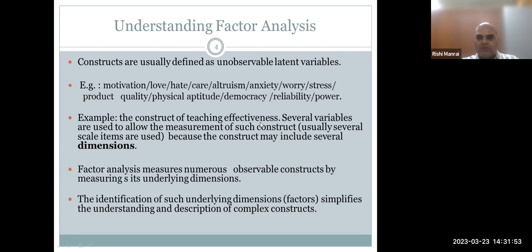For example, there is a construct called service quality of a particular service. When we are measuring service quality, there is a full-fledged scale on that, called the SERVQUAL scale. I think most of you must know that scale. It is basically a service quality scale.